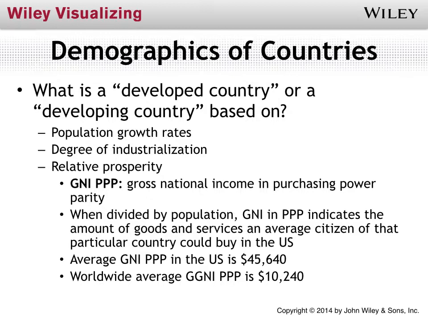If we look at the worldwide average, it's about a quarter of that value, a little less than a quarter of that value. So again, what does that number actually mean? Well, it's really more for comparison purposes, thinking of what a developed country is compared to a developing country. Developing countries are a fifth to a quarter of what the United States is with respect to the purchasing power.